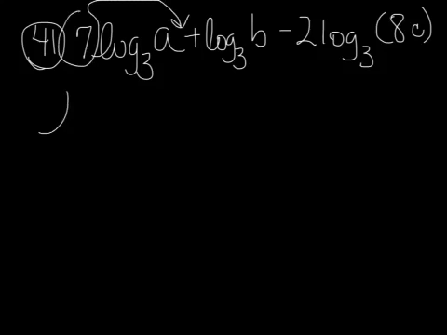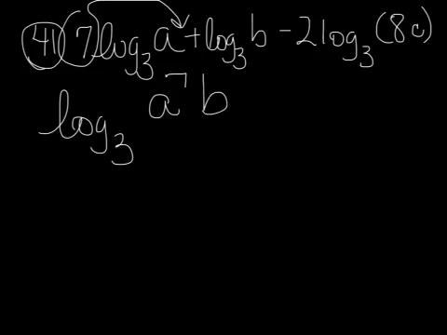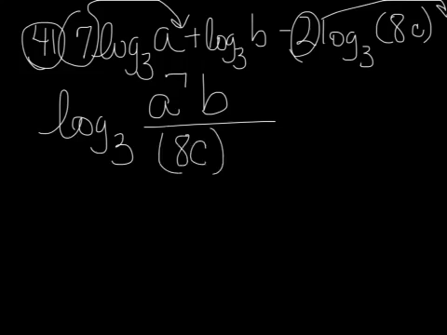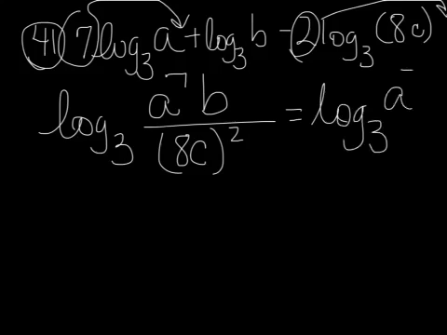Don't forget that. We write the word log. We write base 3 once. So it's a to the 7th. If it's addition, then it was multiplication. Numbers go out front. Subtraction means division. So I would write that log base 3 of a to the 7th b over 64c squared.